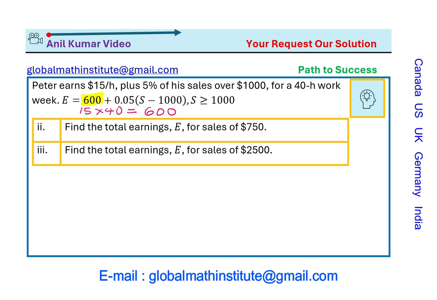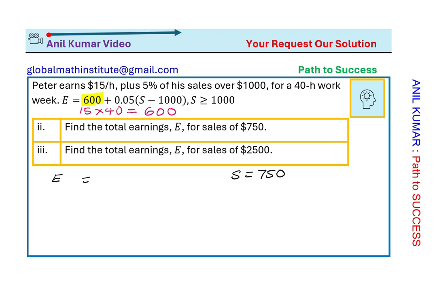So, let's do part 2, which is earnings when we are given that the sales is $750. Since sales is 750, the earning is only 600, right? You do not get this part because you do not qualify for that. Is that clear? Perfect. So that is for the second part.